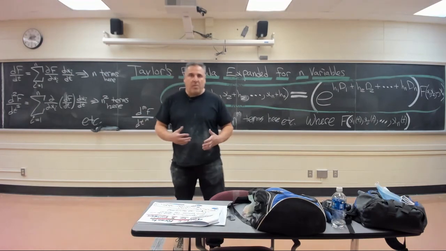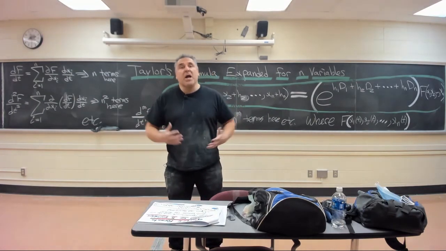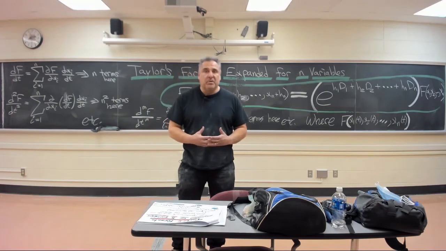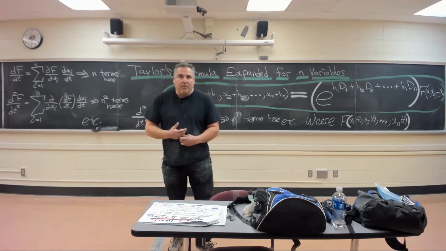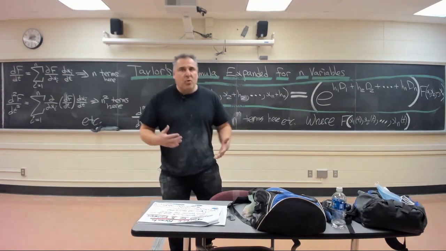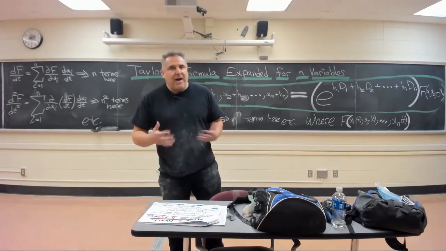Then you just do Taylor's formula the way I've taught you how to do Taylor's formula, the way other people have taught you how to do Taylor's formula. You do Taylor's formula at that point in a single variable. Now, you use the chain rule to actually find out what's going on.